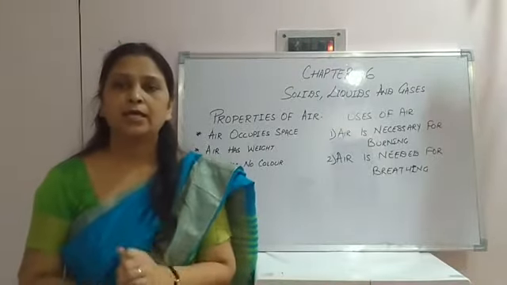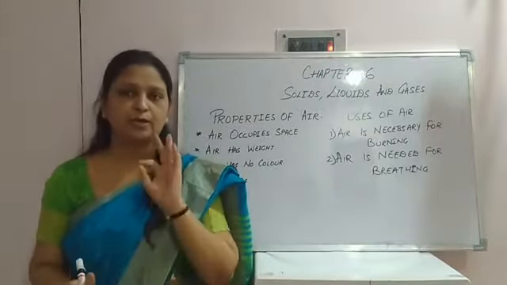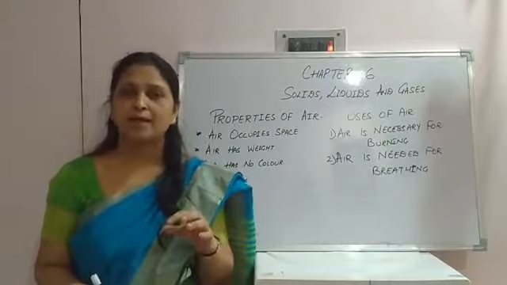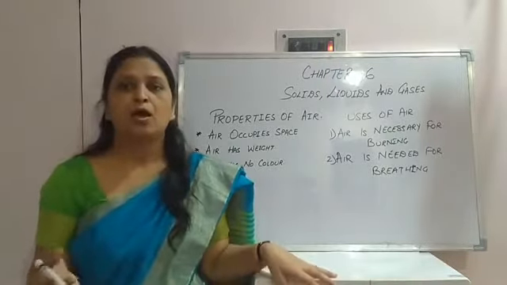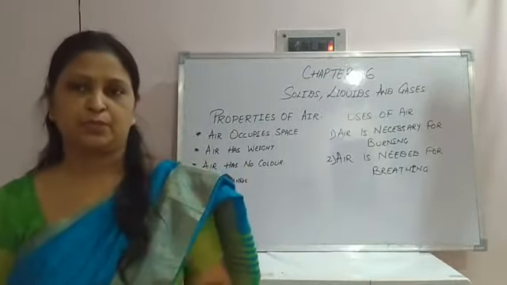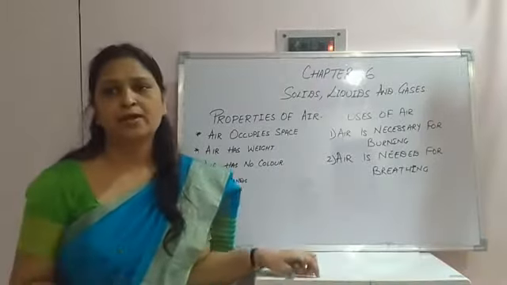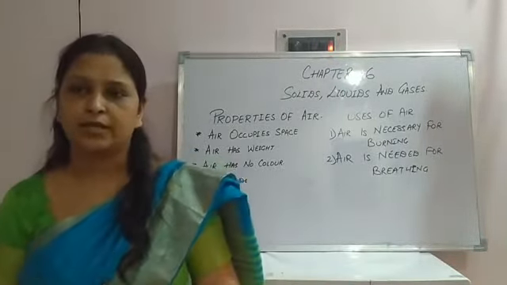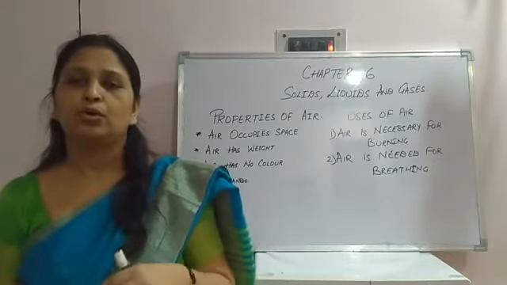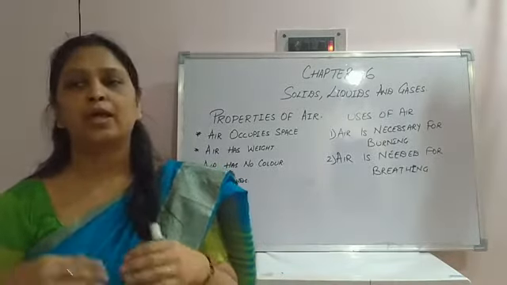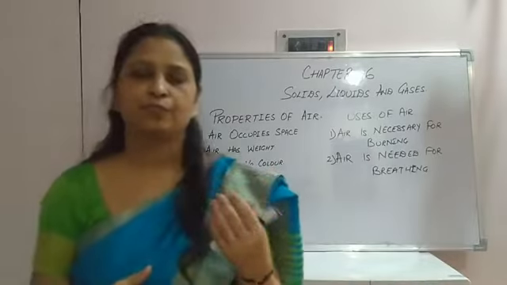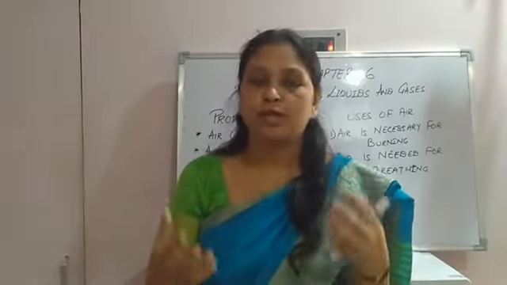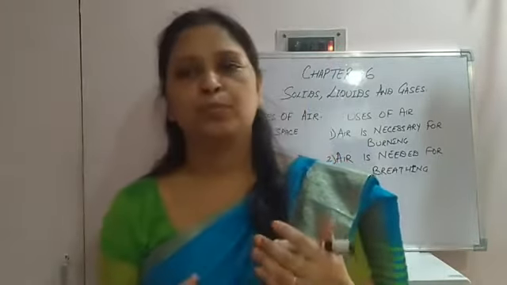Children, air contains two important components, oxygen and carbon dioxide, which make life possible. Oxygen is required by plants and animals to convert the chemical energy in food into energy that can be used for various metabolic processes.